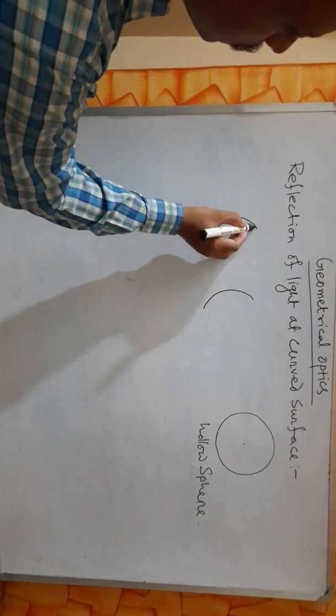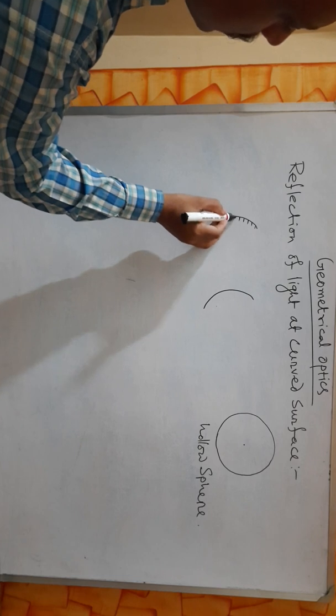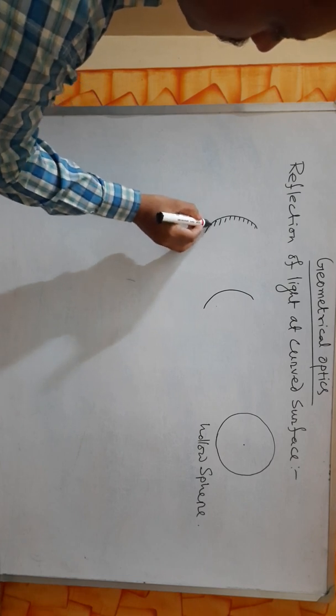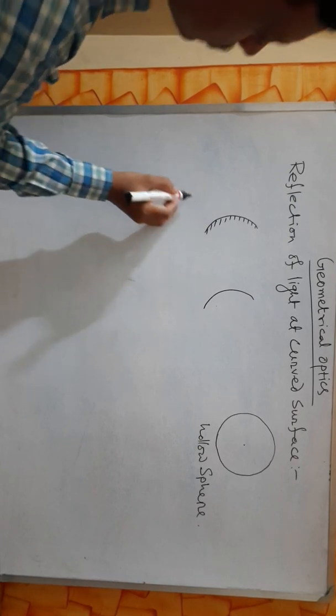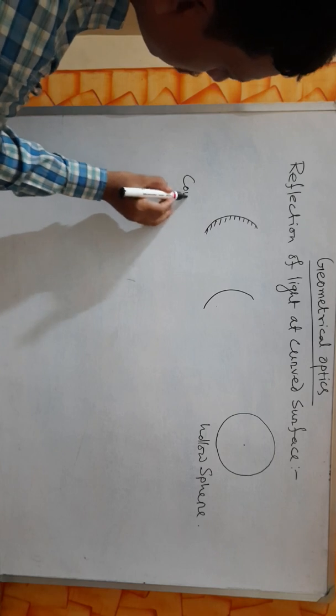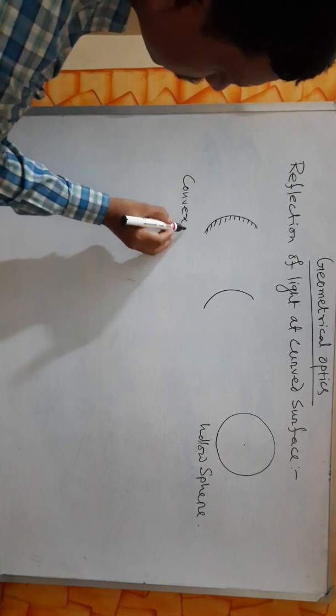So this is the silver side, and it is called the convex mirror.